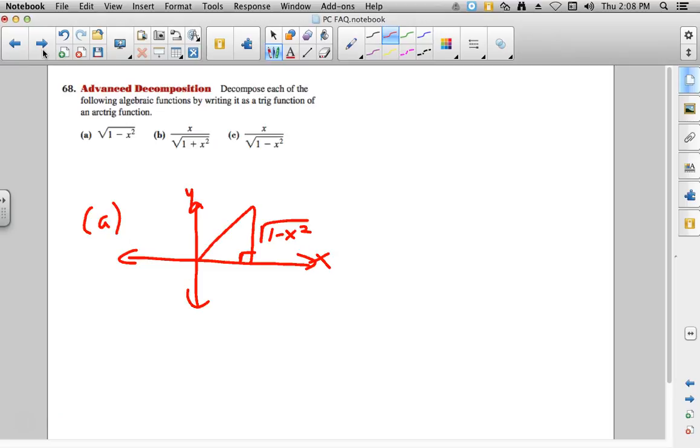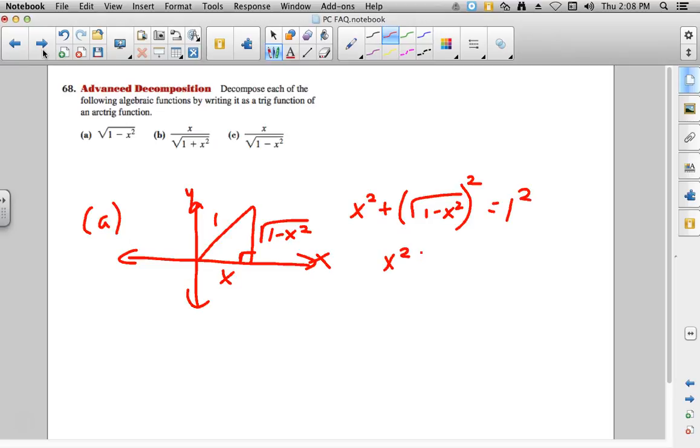So I tried to think, well, what does that mean? So we had something squared plus this squared equals the hypotenuse squared. Okay, well, how can I get all of this to work out like it's supposed to? Well, if this is 1 and this is x, let's try it and see what happens. If we have x squared plus the square root of 1 minus x squared, squared, does that equal 1 squared?